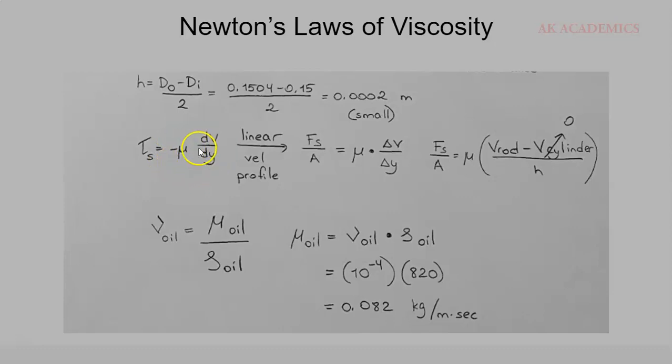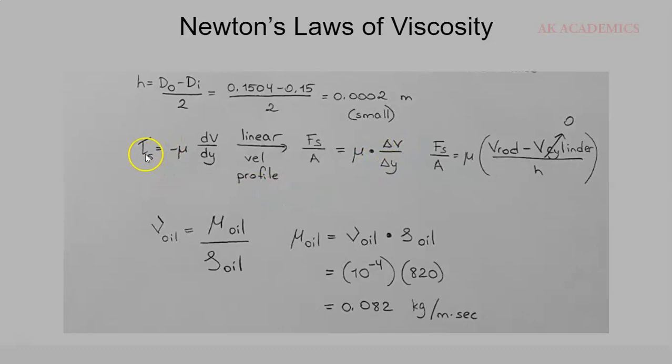As h tends to 0, as the height becomes smaller and smaller, this becomes delta v over delta y. The negative sign becomes negligible, so we don't use it. So we know that our shear stress is equal to mu delta v over delta y.